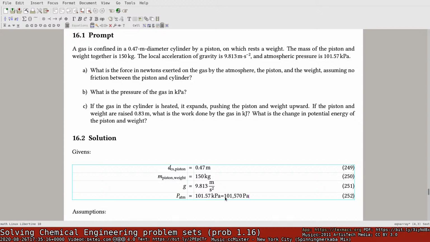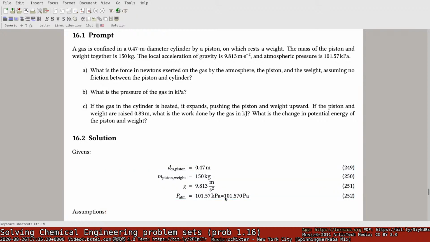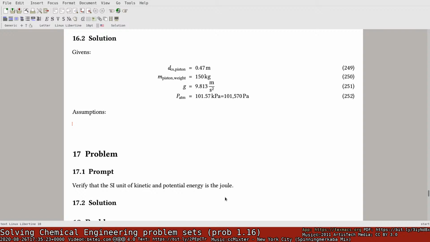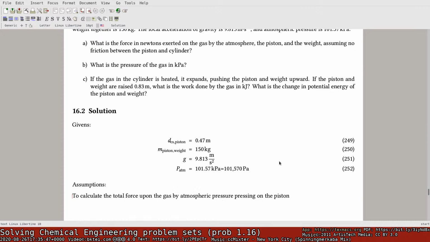What is the force in newtons exerted on the gas by the atmosphere, the piston, and weight, assuming no friction between the piston and cylinder? Okay, so to calculate the total force upon the gas by atmospheric pressure pressing on the piston, we'll just write it out.